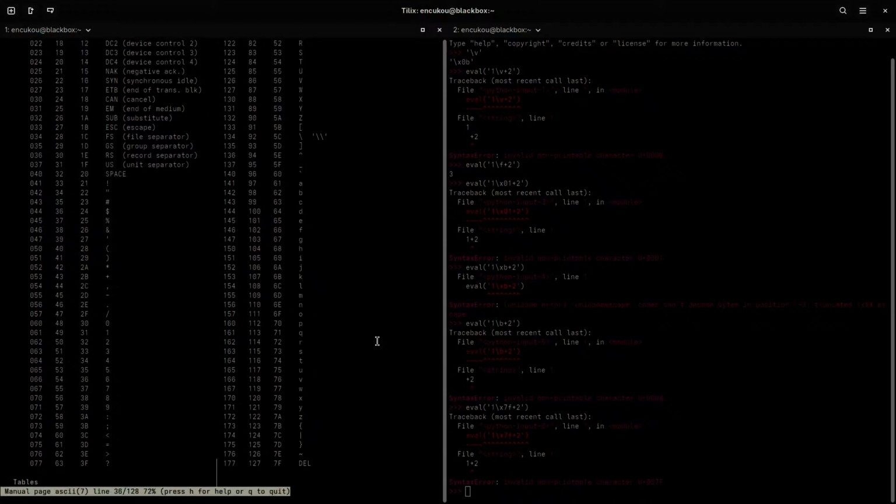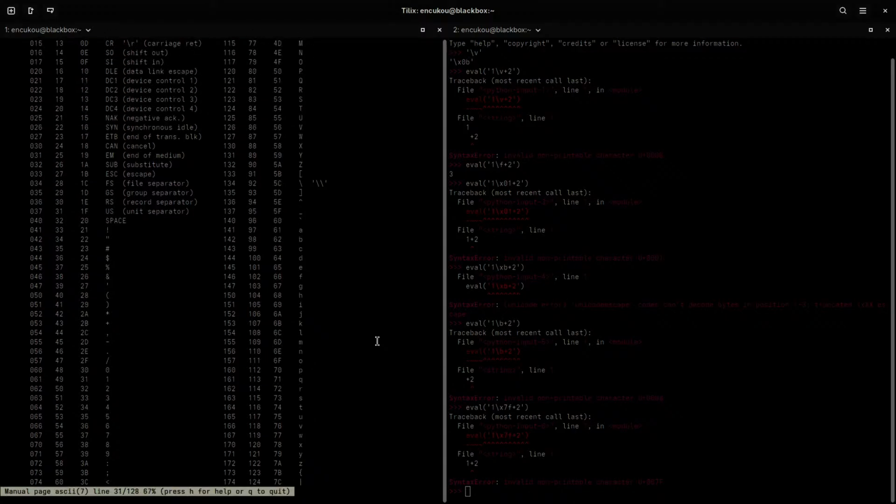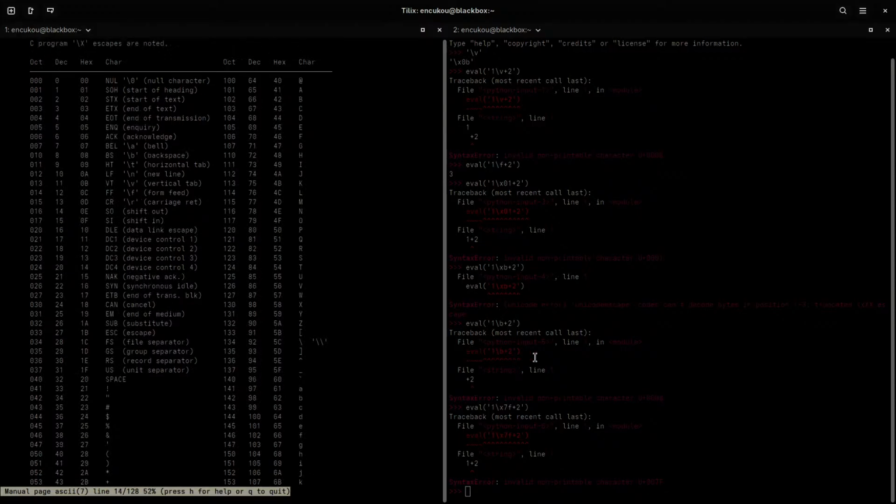Well, I suppose it might be worth noting that there are multiple ASCII characters that represent white space or indentation. Right, like the form feed, carriage return.